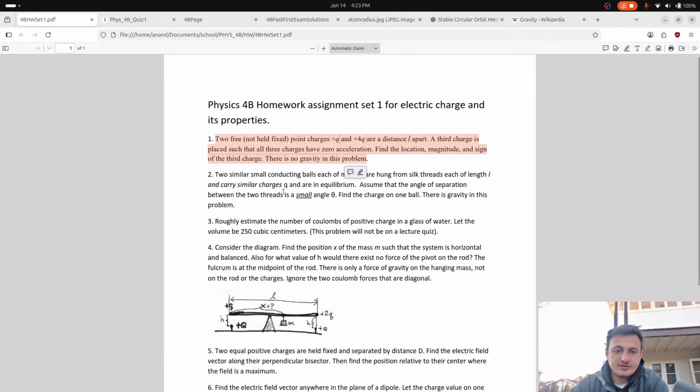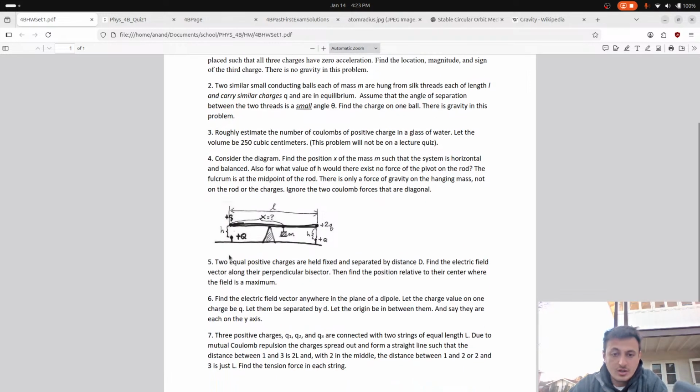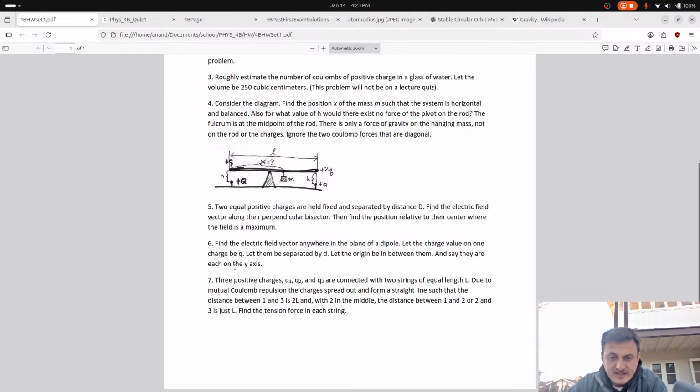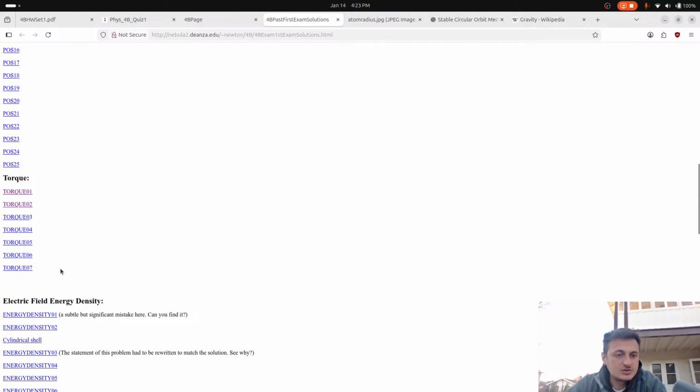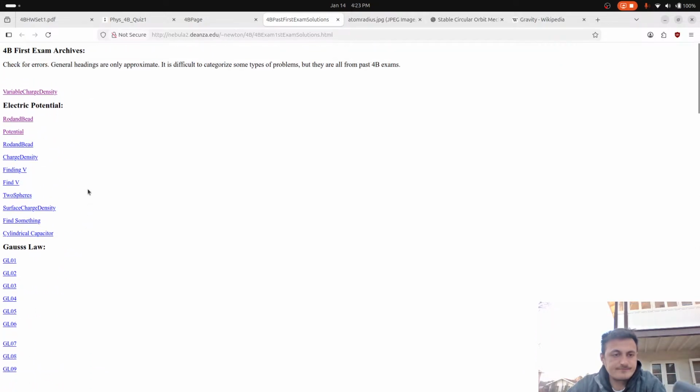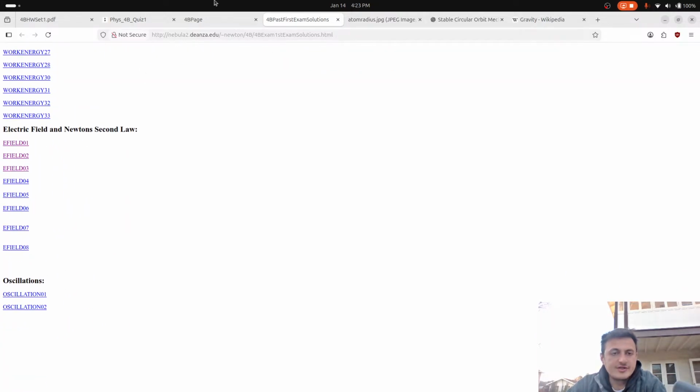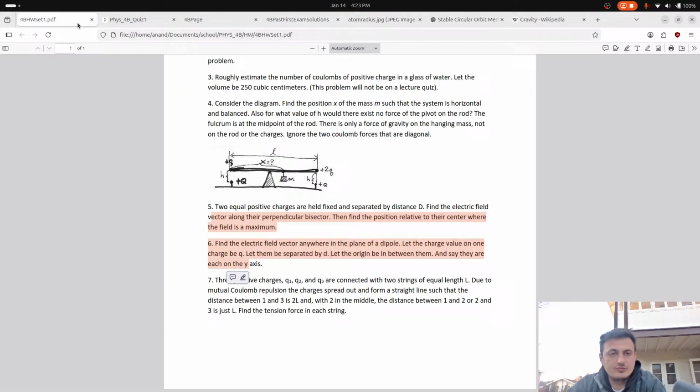The only ones we have to do are 1, 2, 4, and 7. The electric field one we don't have to do. But on here, I want to look at these problems. If they have to do with electric fields, we're not going to do them, but if they're just pure Newton's second law problems, we're going to do them. And then torque, we're going to do these 7 torque problems. And hopefully I can do well on the quiz.